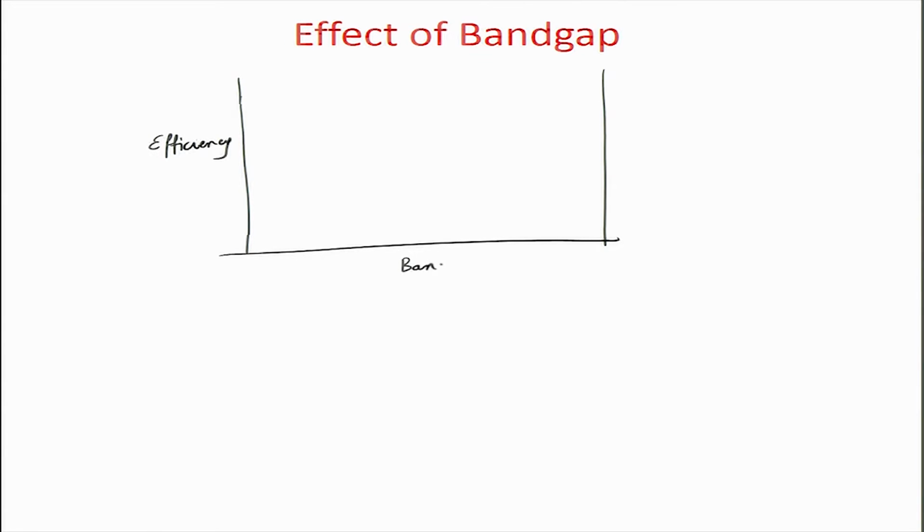Efficiency versus band gap of semiconductor. Theoretical calculation suggests that if you plot this efficiency, in percentage 10, 20, 30, 40, and let us say band gaps are starting from 0.5, 1.0, 1.5, 2.0 and so on, the maxima in the efficiency is achieved at around these points, and it goes something like this.